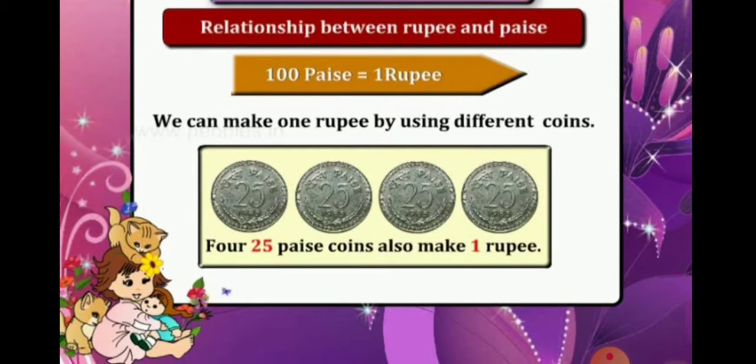Similarly, we can also use 4 25 paise coins to make 1 rupee. You can see in the picture here, there are 25 paise coins, each taken 4 times, and so it will make 1 rupee.